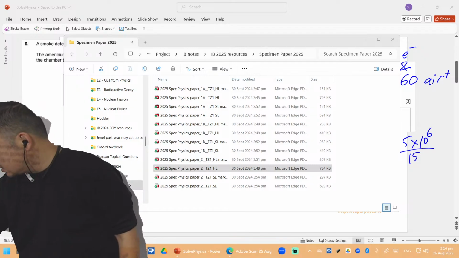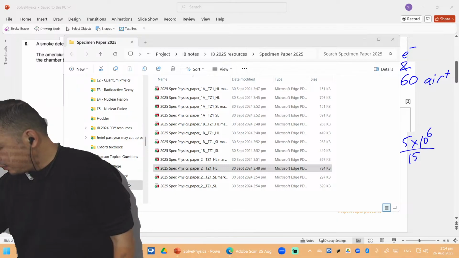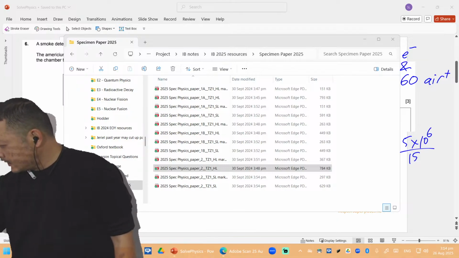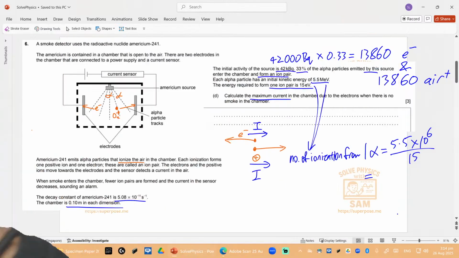This is 10 and 11. Wait, let me print out for those who are here first. Don't worry about it.